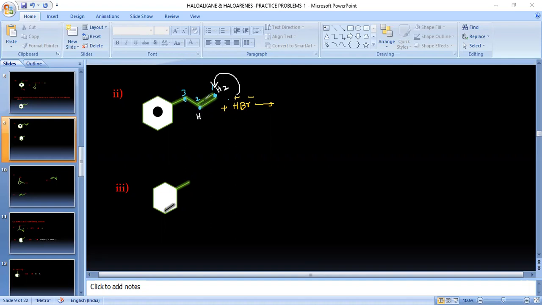Carbon plus, double bond is converted to single bond.